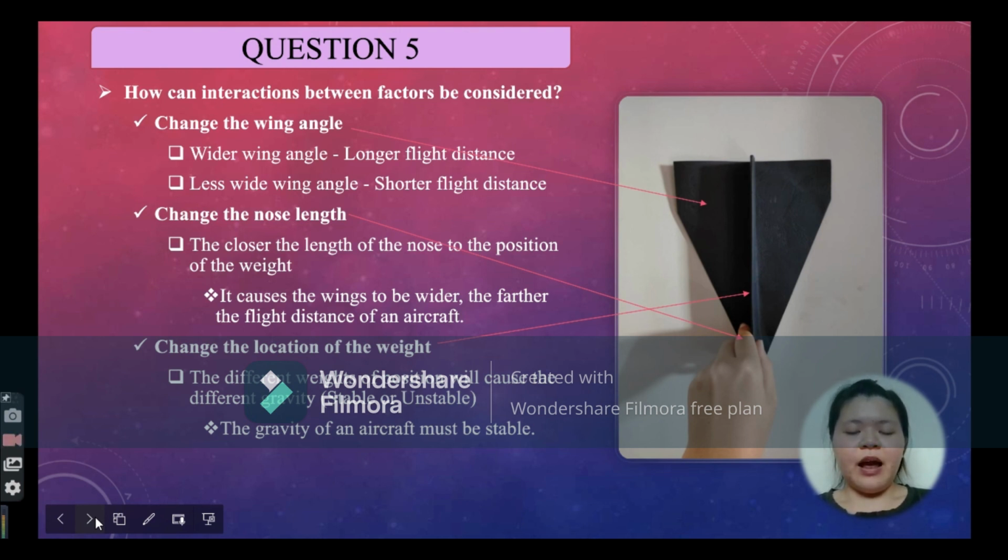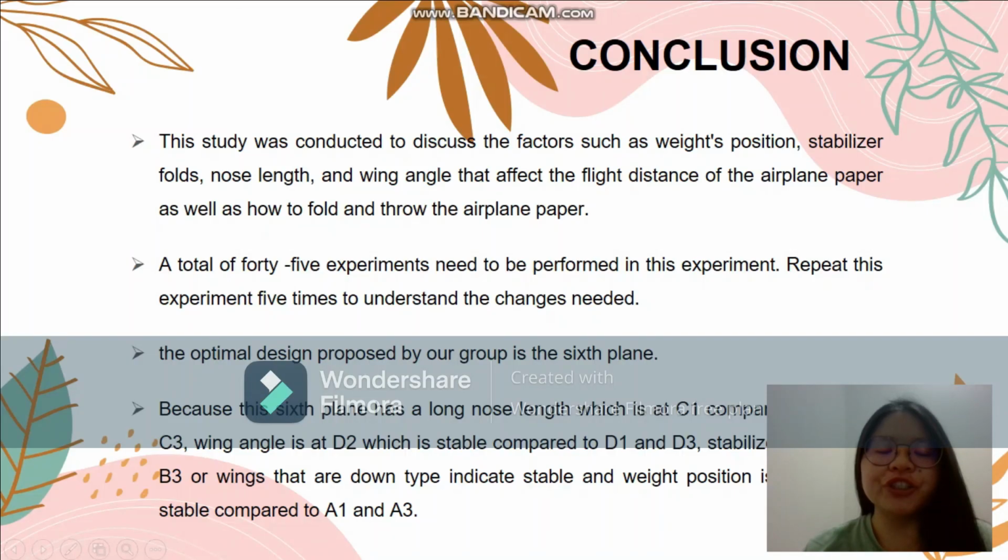Similarly, when an airplane has a balanced gravity, it will fly a long distance and the fall time becomes long. Therefore, in order to extend the flight distance and the fall time, the gravity of an aircraft must be stable.